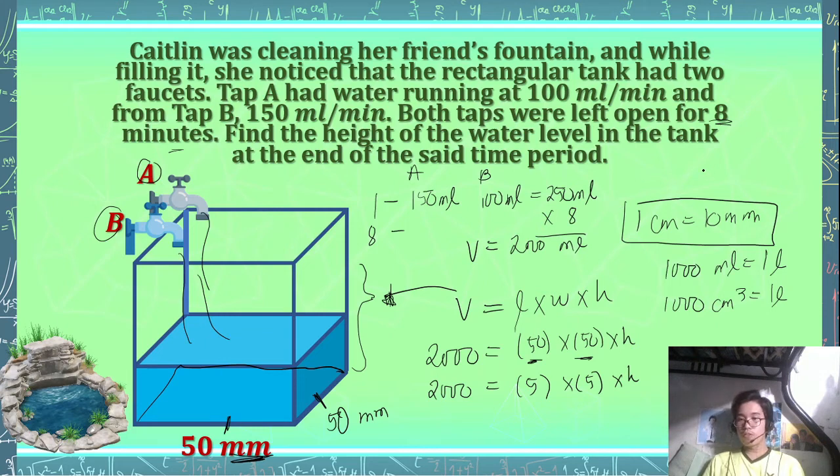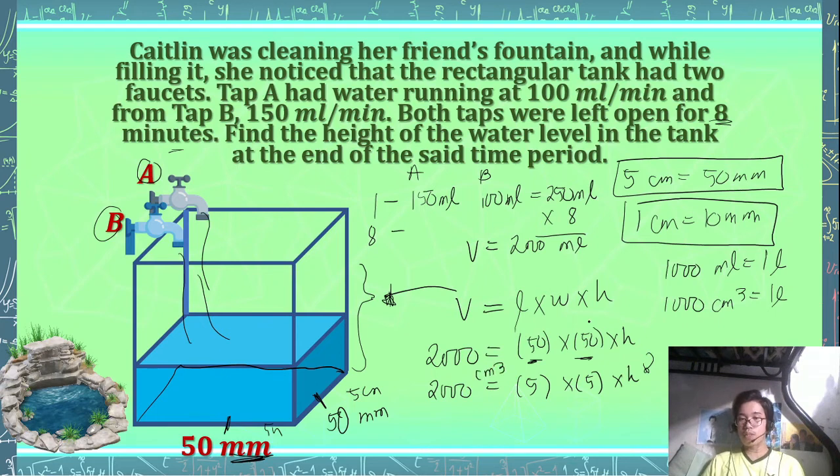Therefore 50 millimeters gives us 5 cm for this problem. So we have 5 cm, 5 cm, and the height in centimeters as well, and we have here 2000 cubic cm.